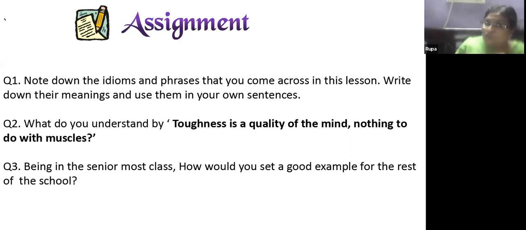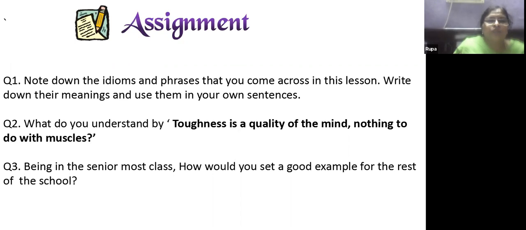Since you know the meaning, you will be able to frame your own sentences easily. Next, once you're done with your idioms, you're going to make a note of all the phrases that you come across in section 2 and section 3 of this lesson, write down the meanings, and frame your own sentences.